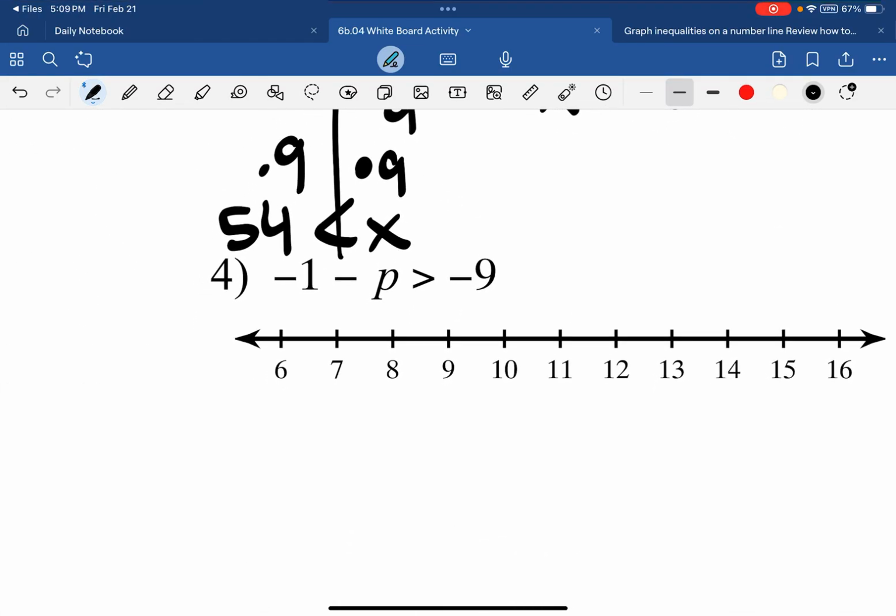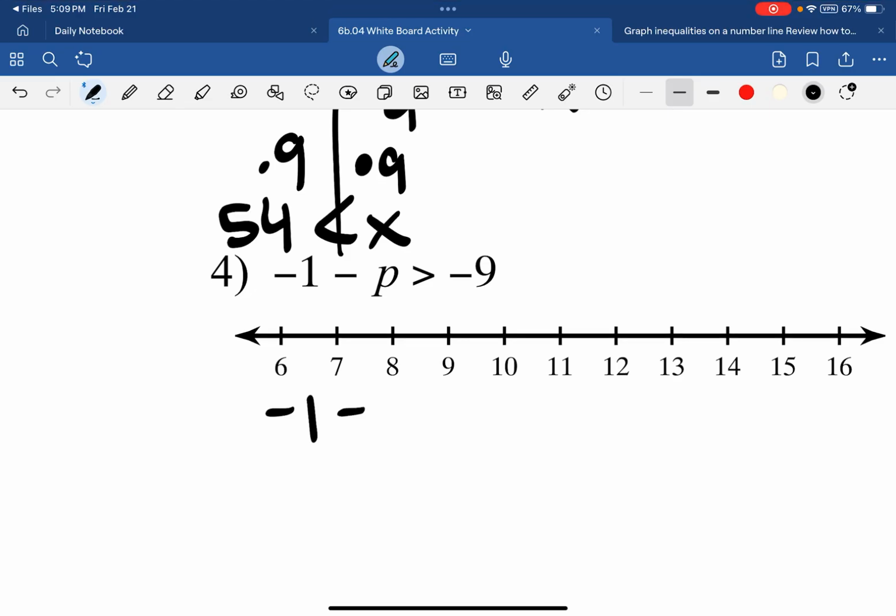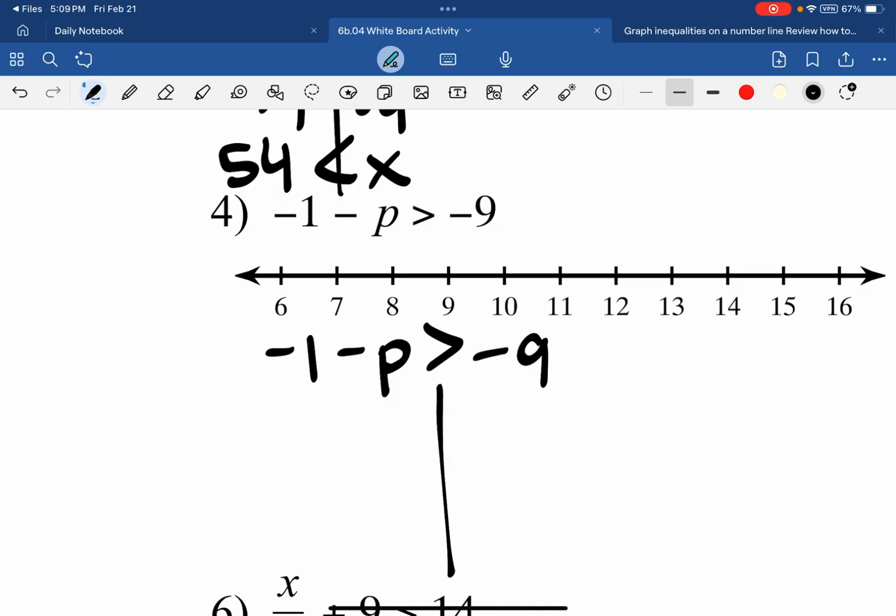This one trips up a lot of people. I'll write it really quick. Sorry, I'm going so fast. Okay, so add 1. That's zeroed out. This is still negative p. We didn't divide or times by a negative, so that stays the same, and this is now negative 8.